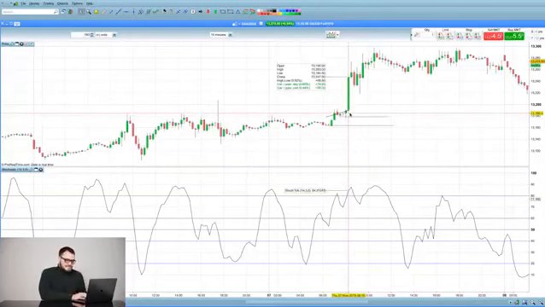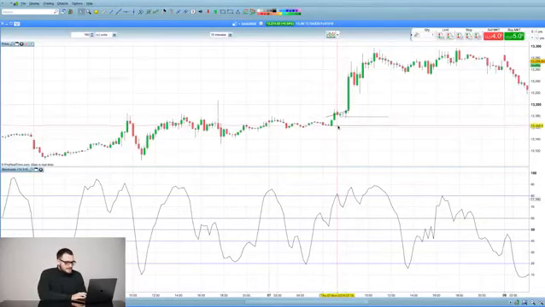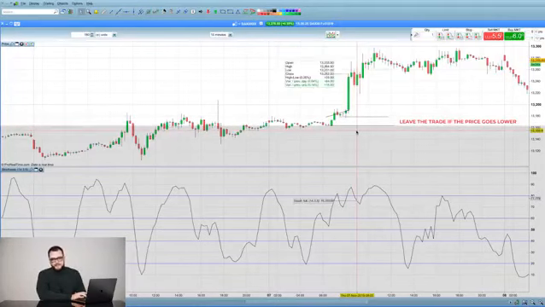So my stop would be at this level, but stops we will talk about later. Now, if you wanted, as I've mentioned before, you could use this level as your limitation. So if the price would have gone lower than either of these two levels, you must leave the trade. So that means that the trend might be going back down and our prediction was incorrect.